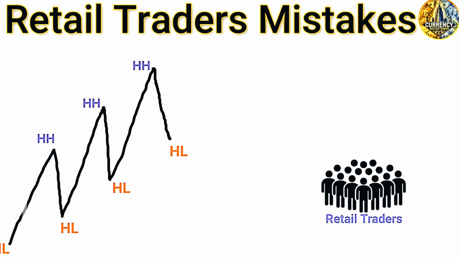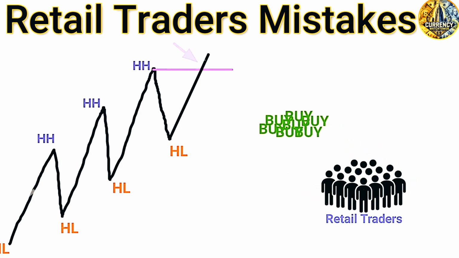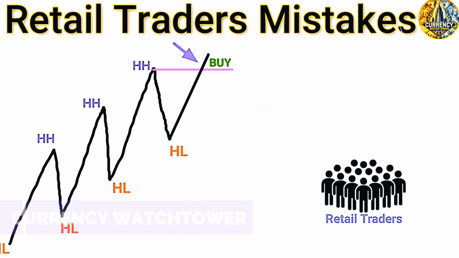Now, retail traders want to enter, so they start waiting for the market to break the higher high before taking a buy trade. After that, when the market breaks this higher high point, seeing the breakout, thousands of retail traders start buying and place their stop loss somewhere nearby.